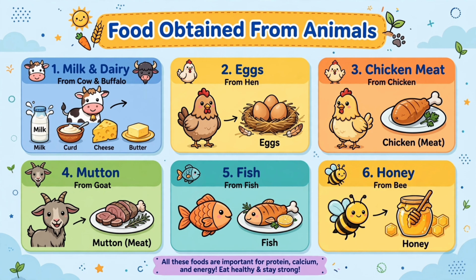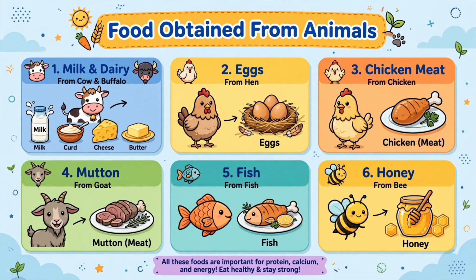Now we will discuss the overall summary of what we have already discussed here. First, let us quickly revise. First point, a crop is a large scale cultivation of the same type of plant. Second, crops are mainly classified as Kharif and Rabi.